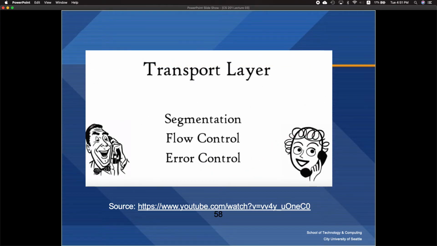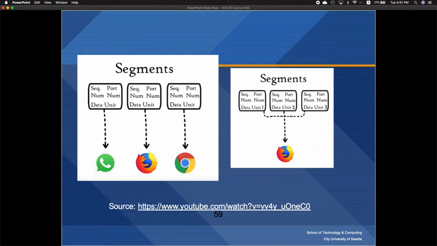Transport layer, you have the following: segmentation, flow control, error control. Segments, right? You can have, let's say, different ones in different applications. Or the other type of segment is you have different ones and they go into one, right?